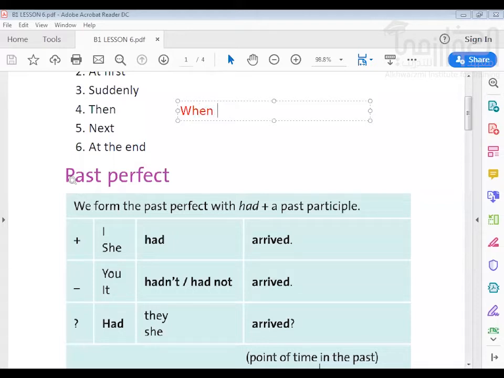When I entered the classroom, Amjad had arrived.